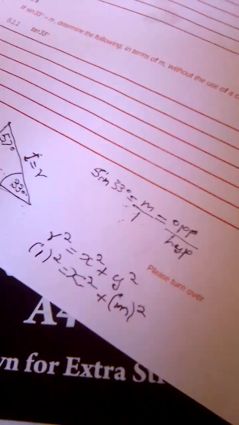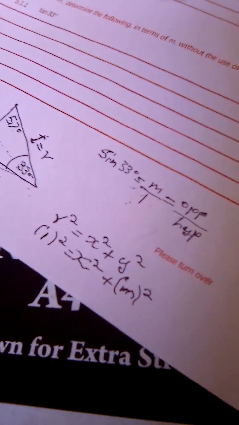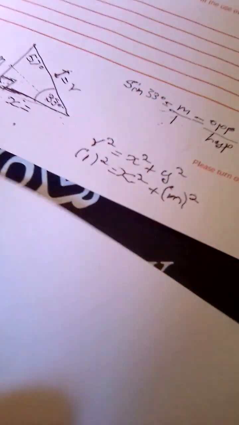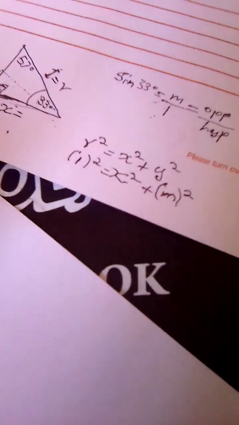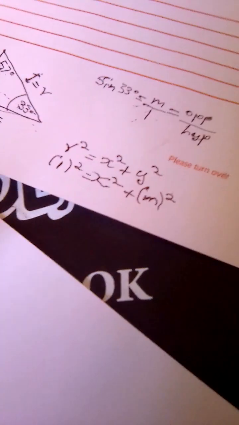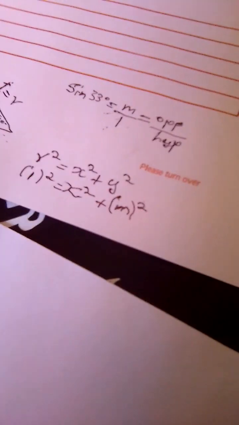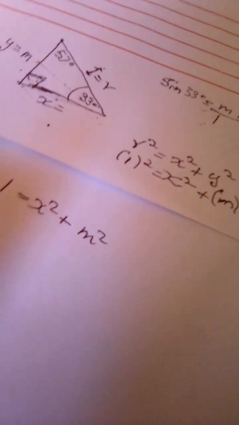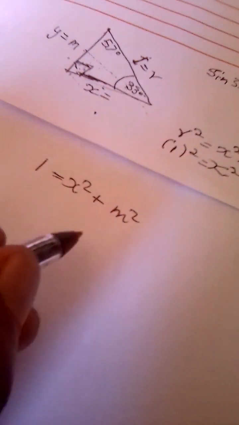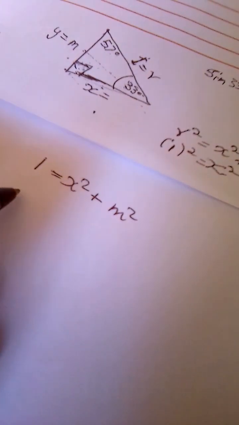Okay, then now it will be 1 squared, which is 1, is equal to X squared plus m squared. Then now we are solving for X.